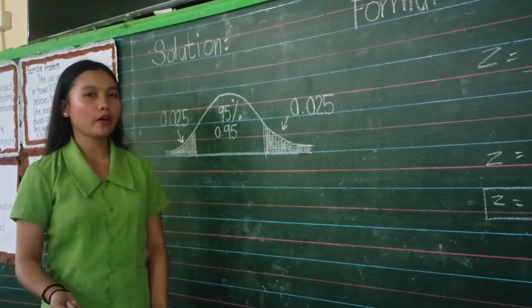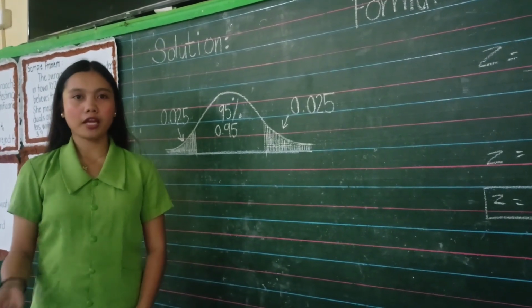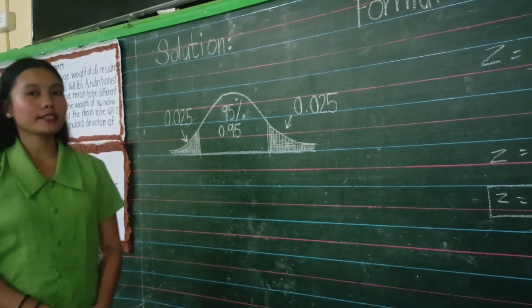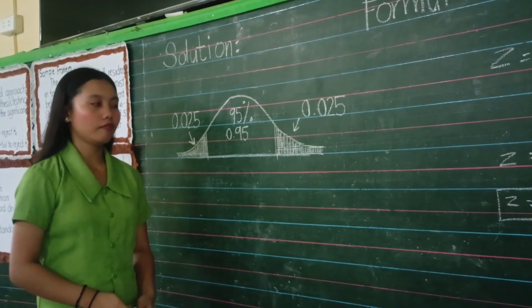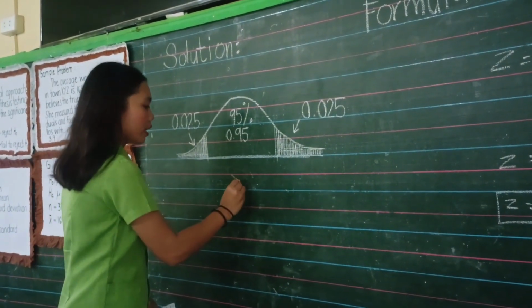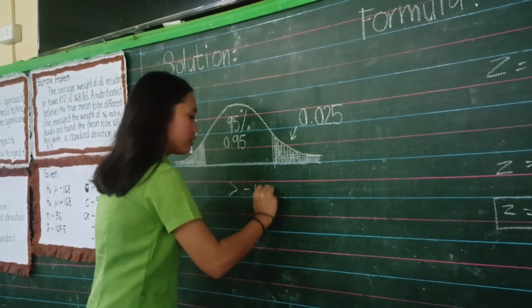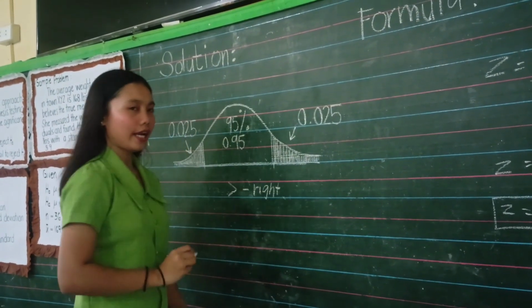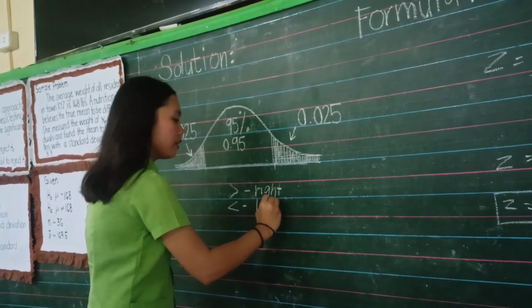So how do we know if we use a two-tailed, right-tailed, or left-tailed test? We look at the sign in the alternative hypothesis. If the sign is greater than, we use a right-tailed test. If the sign is less than, we use a left-tailed test.